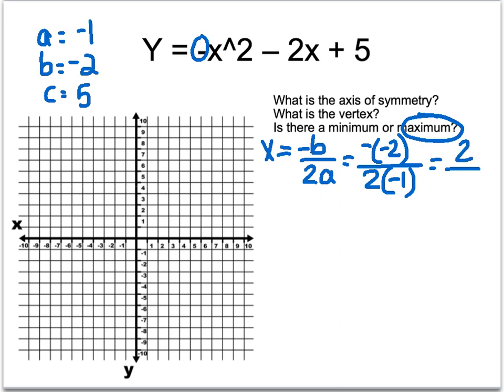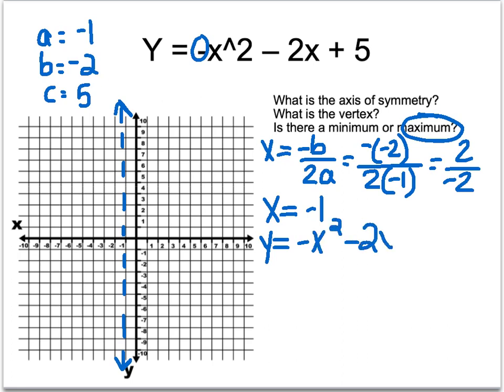I get positive 2 over negative 2, which gives me an axis of symmetry of x equals negative 1. So this axis of symmetry crosses the x-axis at negative 1. And that's the middle of the quadratic. Now I'm going to use that and plug it into my quadratic to get my vertex.